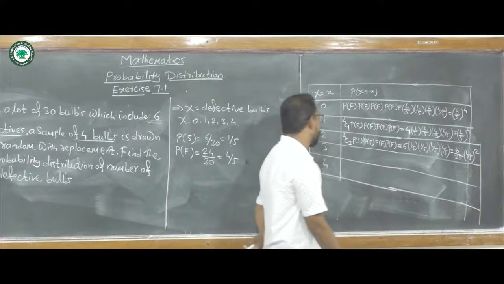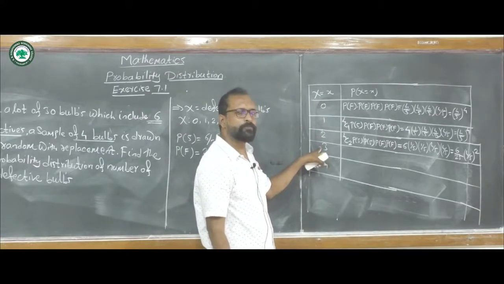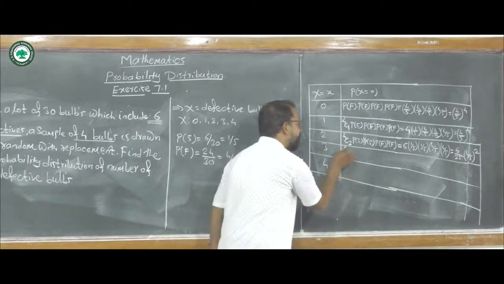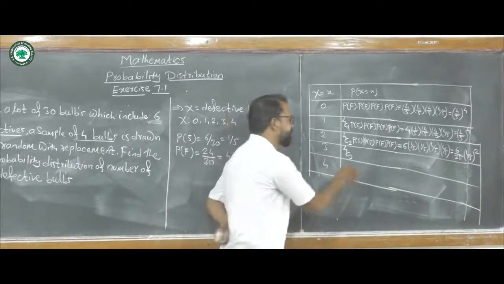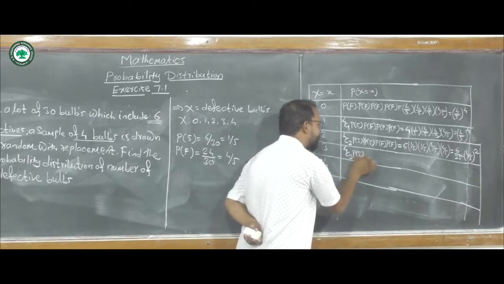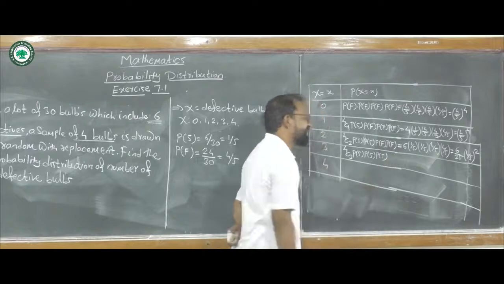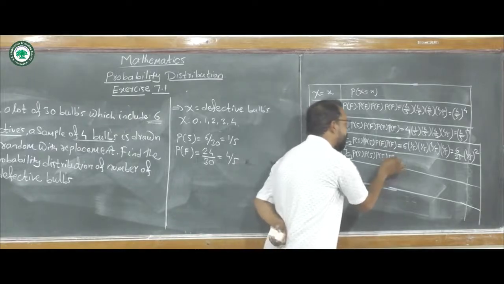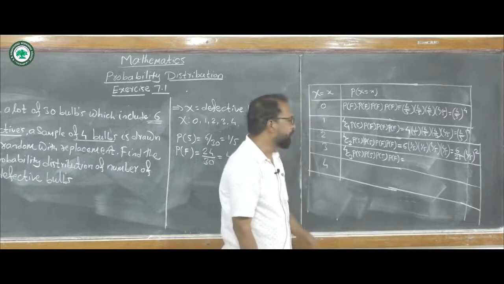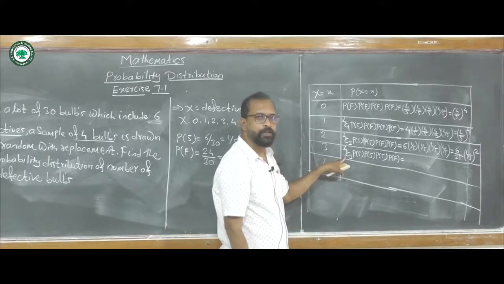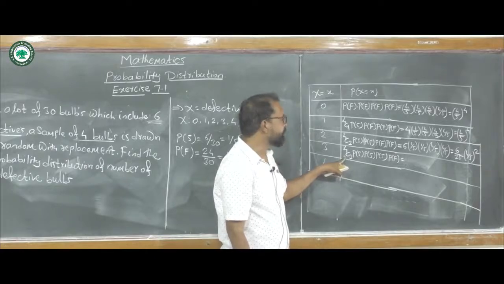Next, getting 3 successes. The places of 3 successes from 4 trials are 4C3. And the 3 successes are probability of success, probability of success and probability of success, with 1 failure. 4C3 means 4.